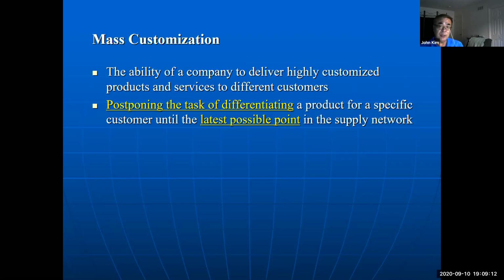Then how can we handle that mass customization situation? Postponing the task of differentiation, and then stop at the latest possible point. Don't make the final product, stop at a certain point. That point is the latest possible point. Then wait until the customer asks, then differentiate.